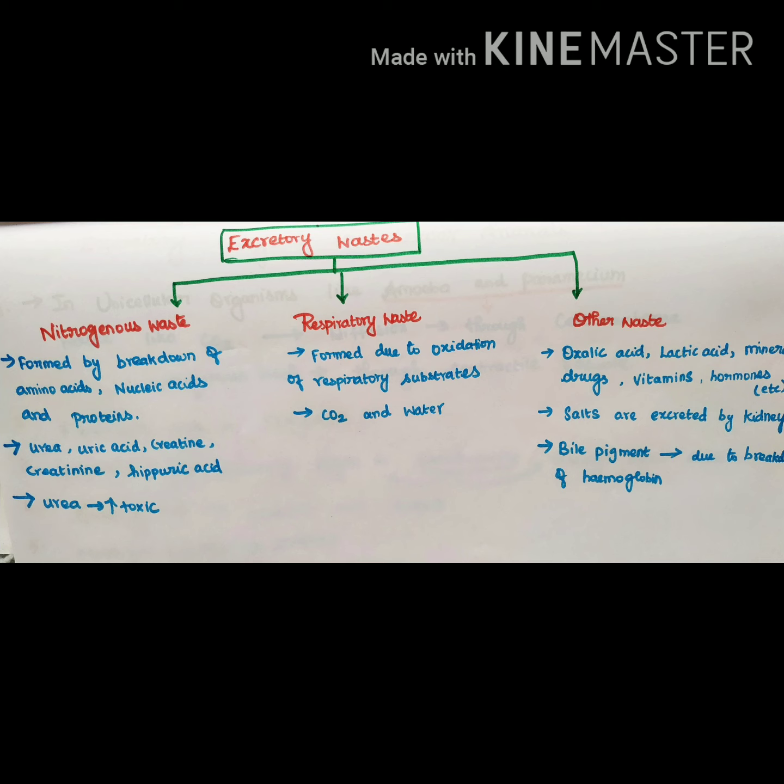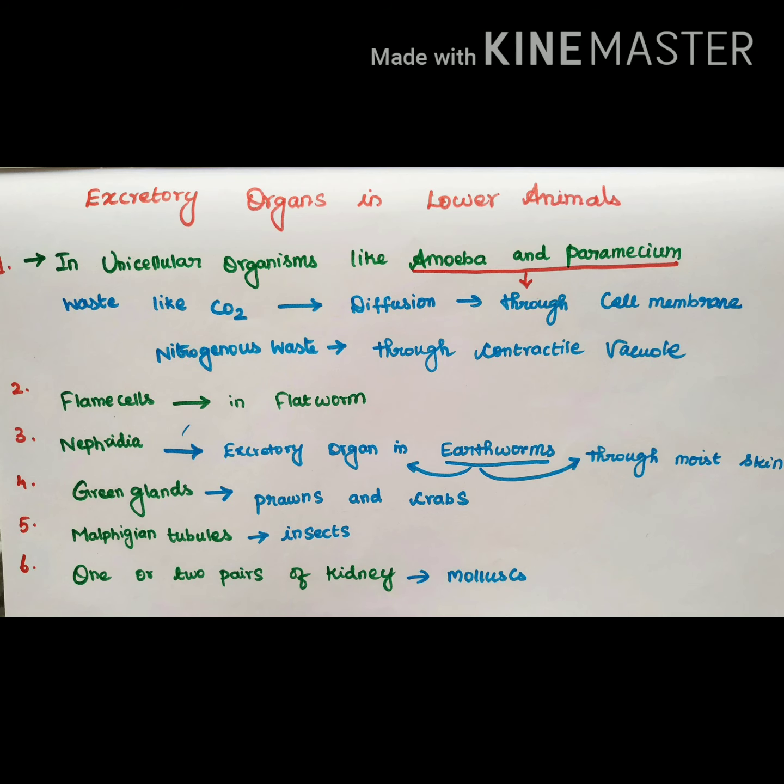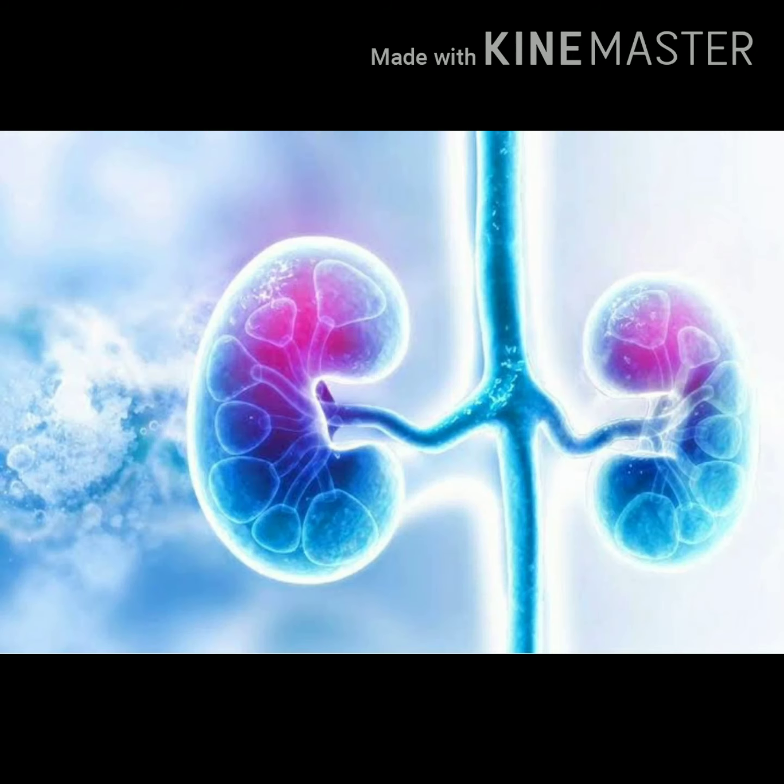Among the other waste, the major thing is the bile pigment. What is the bile pigment? The dead hemoglobin breakdown produces a bile pigment. I hope that this video helps you gain the basic concept of excretion.